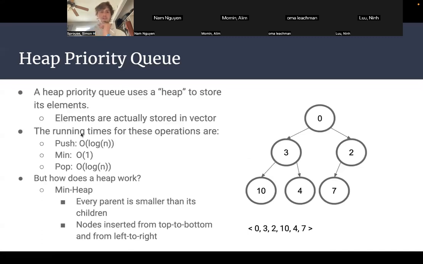Binary heap gives you a solution where push is log n and pop is log n, which for your general case is going to be significantly more efficient than the sorted or unsorted priority queue. Notice that we lost the term sorted. A heap priority queue is not technically sorted the way that a binary search tree is sorted, or the way that a sorted list would be sorted. We're going to talk more about what this actually means. It kind of loosely preserves the order of the elements. So how does a binary heap work?